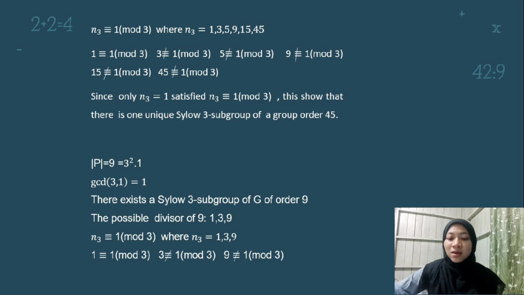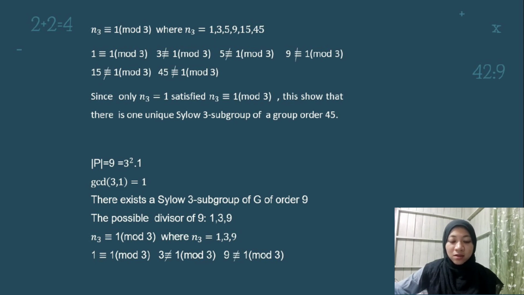Same goes for 5, 9, 15 and 45, which are not congruent to 1 mod 3. Since only n_3 equal to 1 satisfies n_3 congruent to 1 mod 3, this shows that there is one unique Sylow 3-subgroup of a group of order 45.